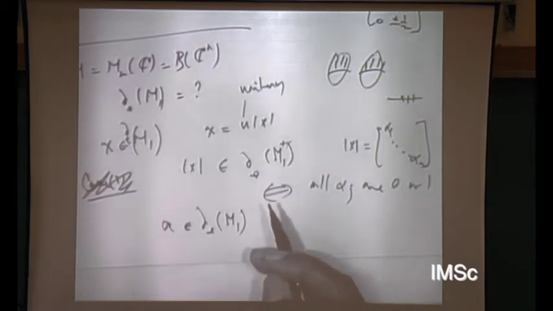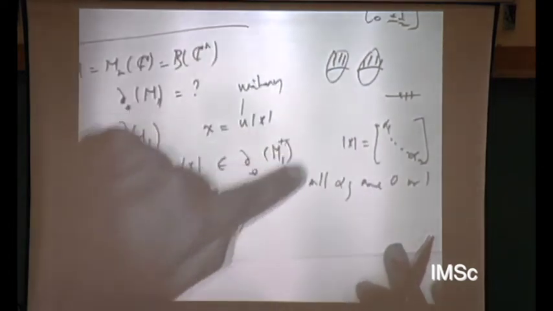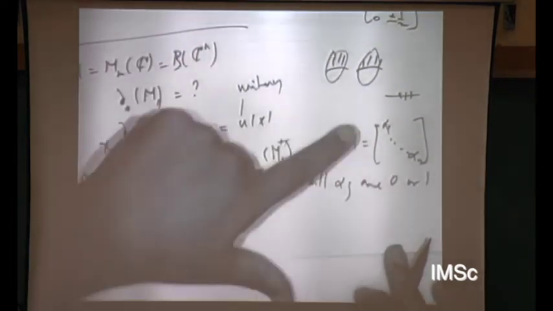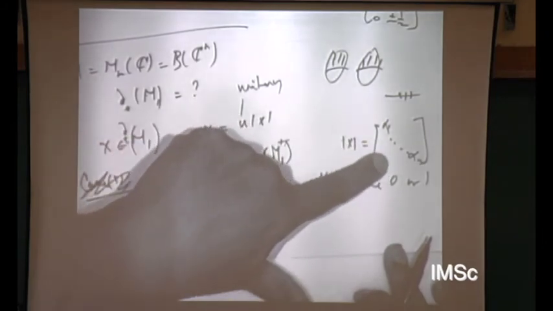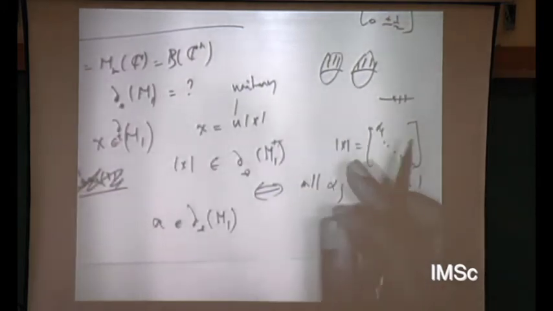When can a self-adjoint be extreme? Self-adjoint means these are all real numbers. Here they were all between 0 and 1, they were in the unit interval. But now you are in -1 to 1. So every alpha j must be +1 or -1.